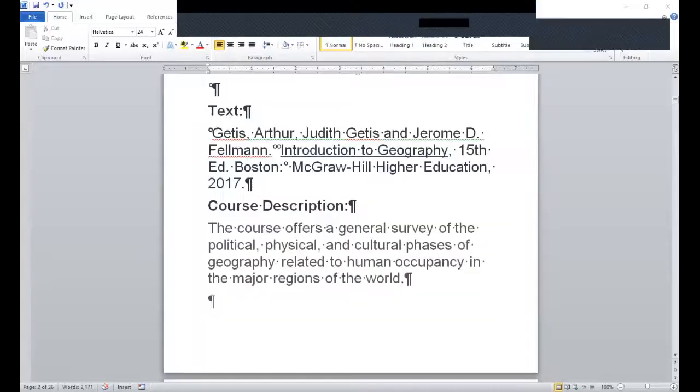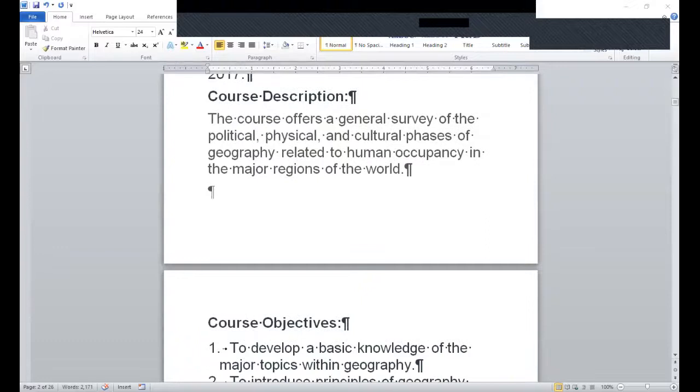There you go. Okay. Here is the textbook. And course description, you guys can check that out on your own.